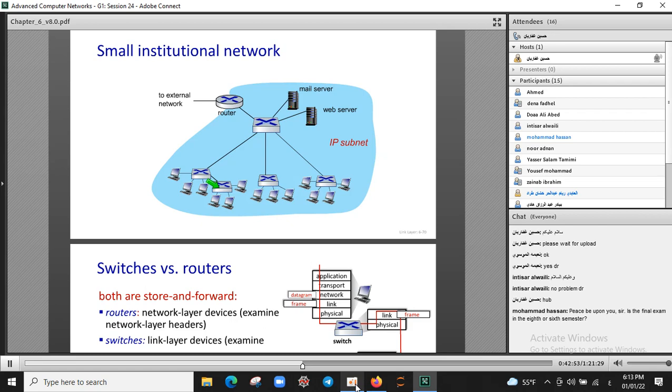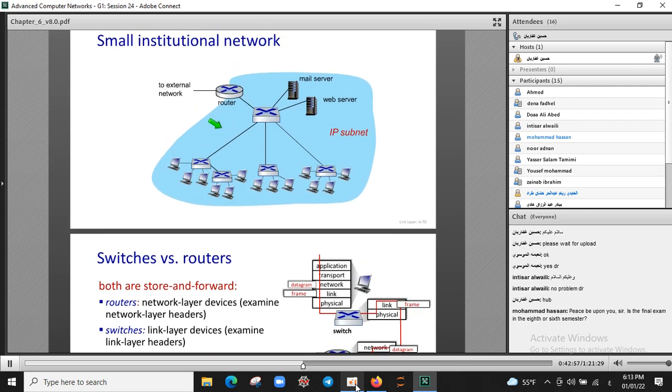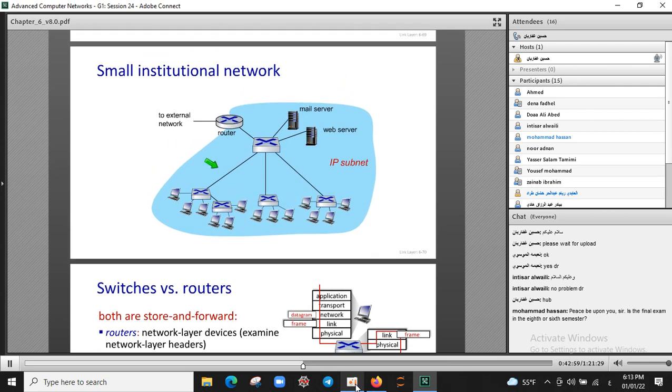But when we talk about IP addresses, all of this area, all of this cloud has the same IP subnet. All of the systems in the university are placed inside a single IP subnet.